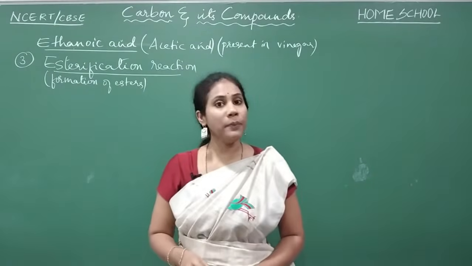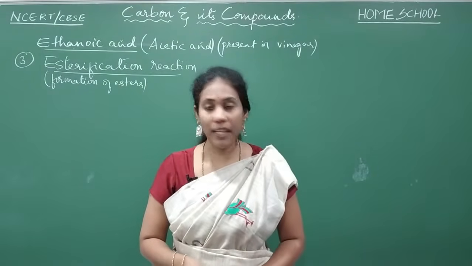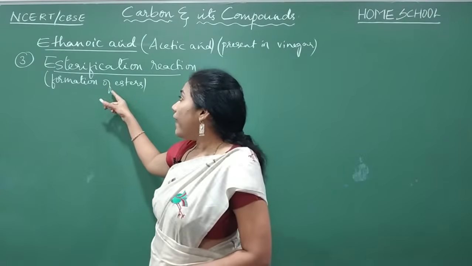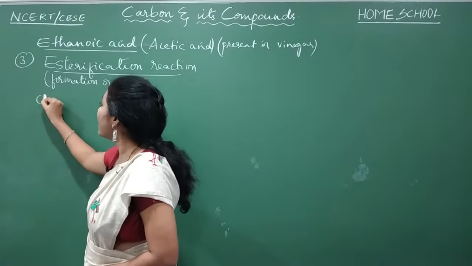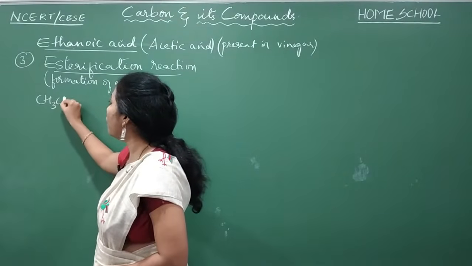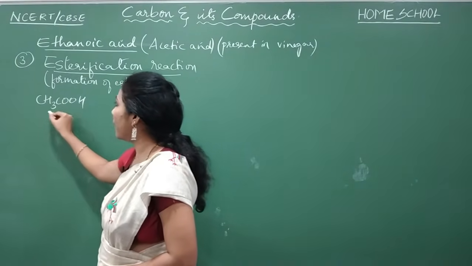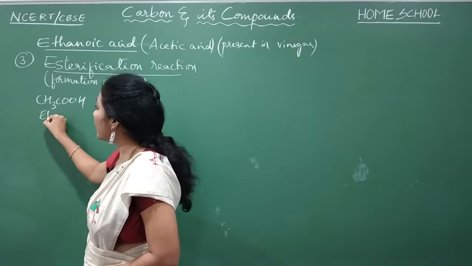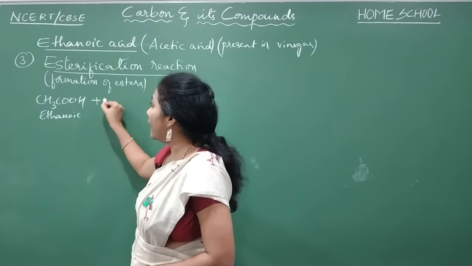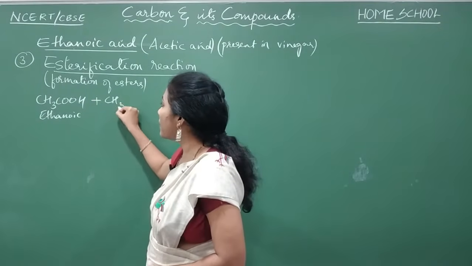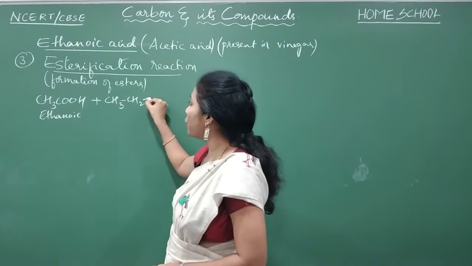I'll tell you what do you mean by esters. And to form esters, you need one molecule of acetic acid. Okay, so this is our ethanoic acid or acetic acid, and another molecule of CH3CH2OH.